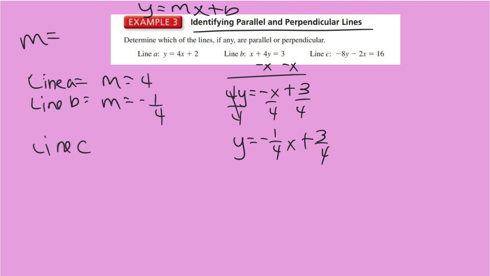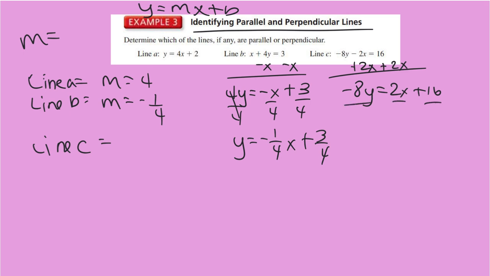In line C, we have the same thing. Rearranging everything. So I'm going to move over what? My 2x. And this is negative, so it's going to be now positive 2x. I'm adding positive 2x to all sides. I'm left with -8y equals 2x plus 16.